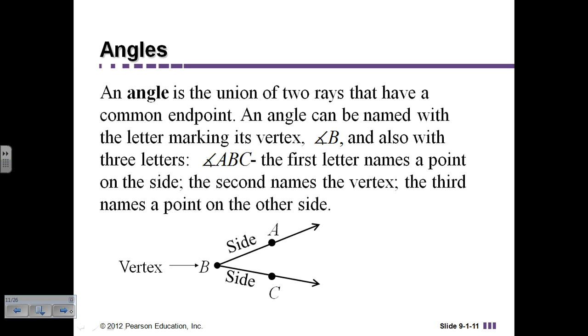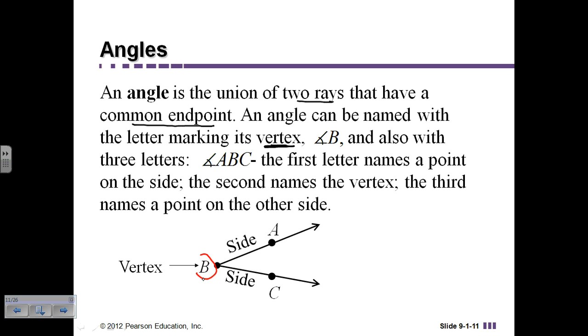All right, and then we have an angle, and an angle is the intersection of two rays that have a common endpoint. So again, it's two rays, and they have a common endpoint, and that common endpoint is called the vertex. Okay, so there are a number of ways that we can name an angle. We can name the angle just simply using the vertex.